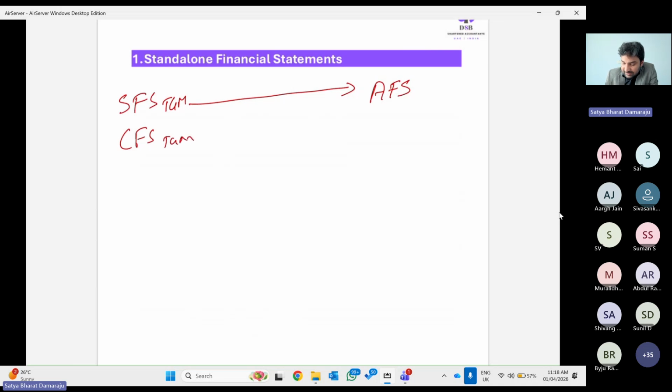First, I will prepare the consolidated financial statements and then do adjustments, and then arrive at the AFS. Or do you think first we have to prepare the standalone financial statements and do the aggregation and arrive at the aggregated financial statements? So the approach is quite clear. We have to take SFS and then move on to the AFS.